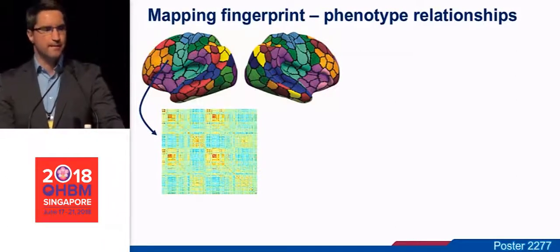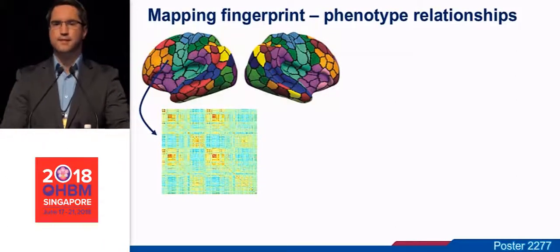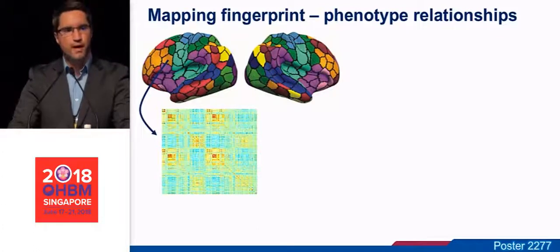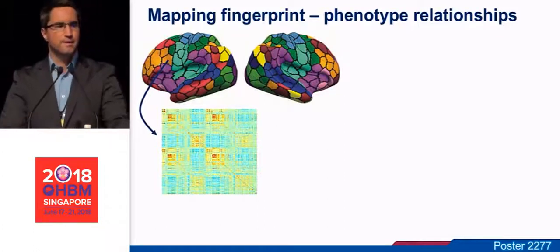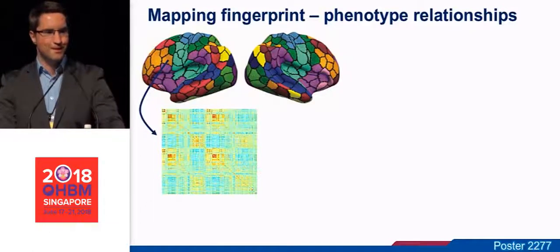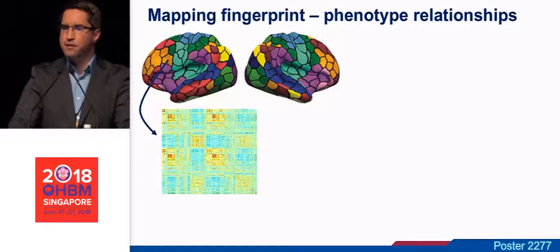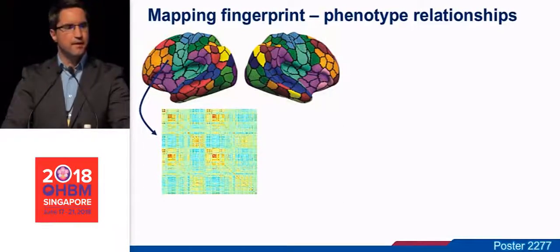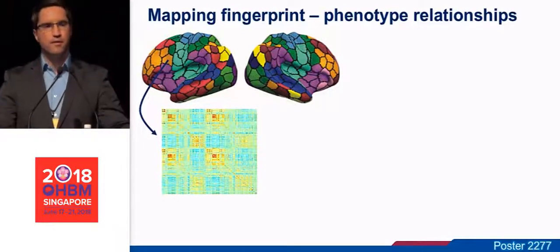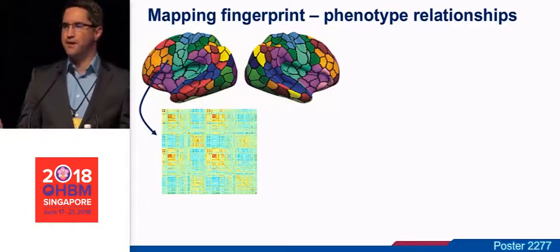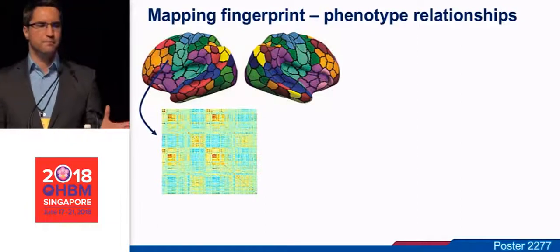One is dimensionality. This thing has way more features than we would reasonably even dream about having subjects. And on the other hand, if you then get a good prediction, a good classification that is based on a distributed pattern across the entire connectome, interpretation becomes very difficult.